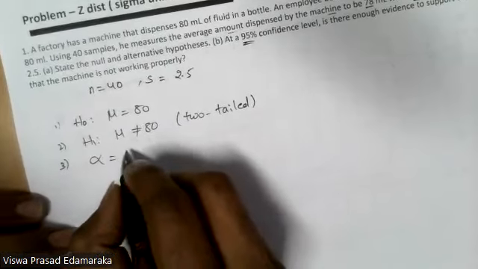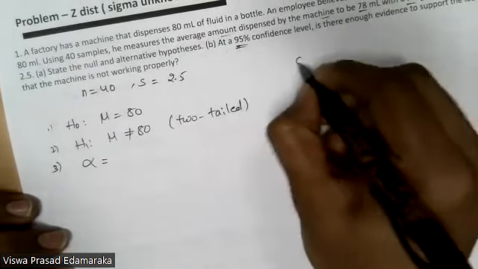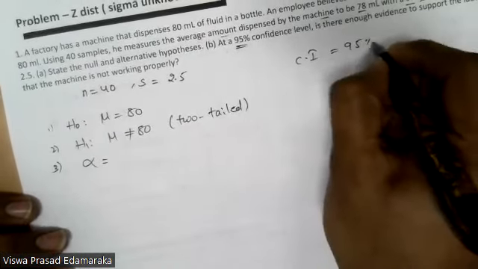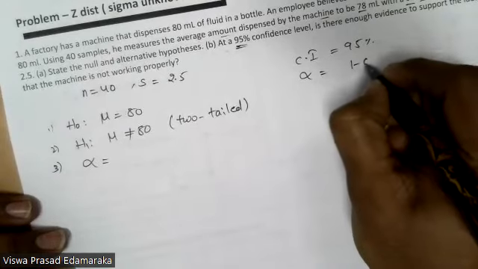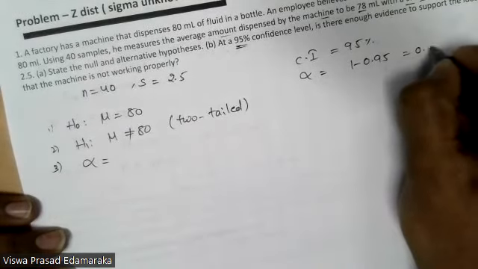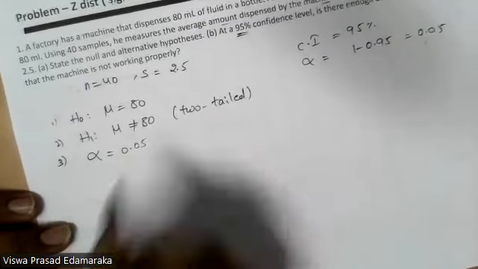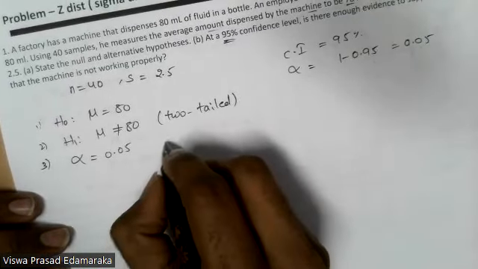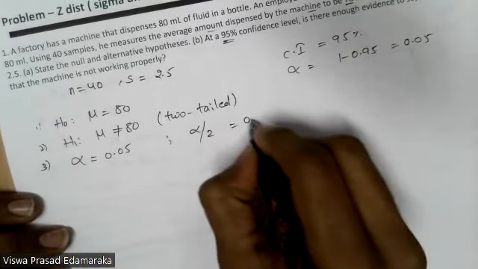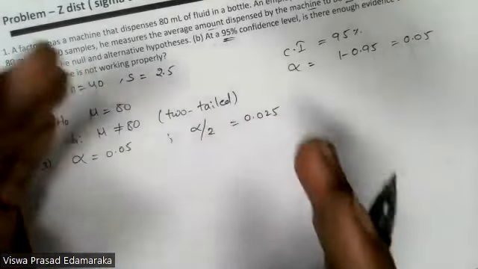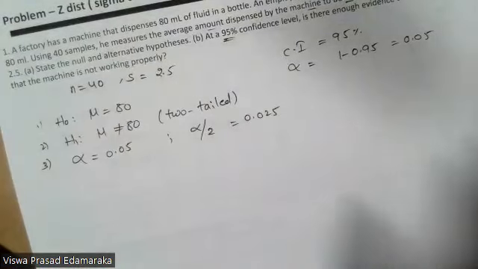What is the level of significance? 95% he has given, so the confidence interval is 95%. Level of significance is 1 minus 0.95, that is 0.05. Since it is a two-tail test, you should calculate alpha by 2. That means you are dividing that 0.05 into 2 halves, one on either side.